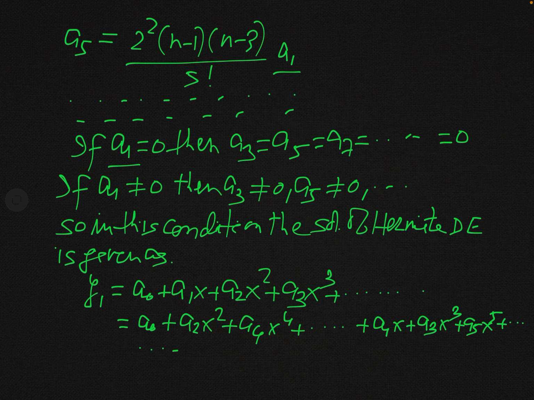And now we will substitute the values of the coefficients a1, a2, a3, a4, a5 and so on, which we have just obtained. So when we will substitute the values of all these coefficients, what will be this series? You can easily see it.